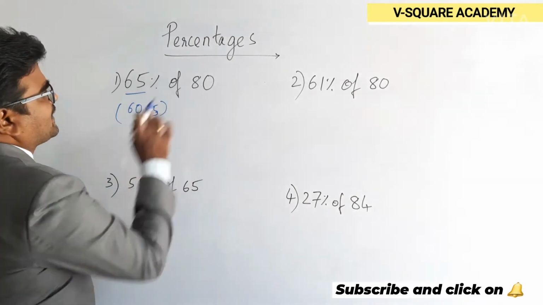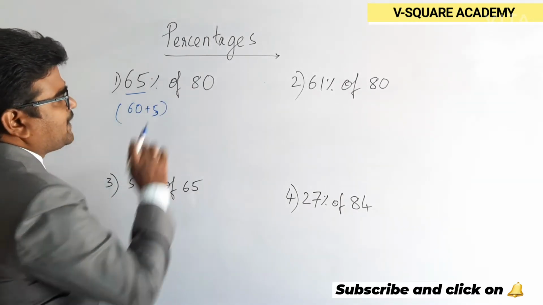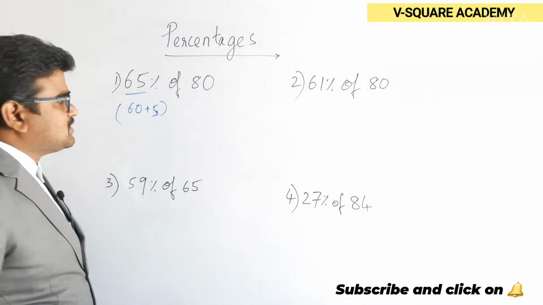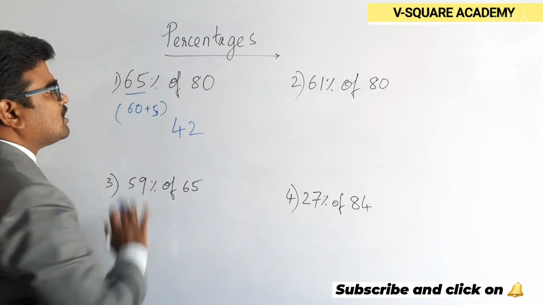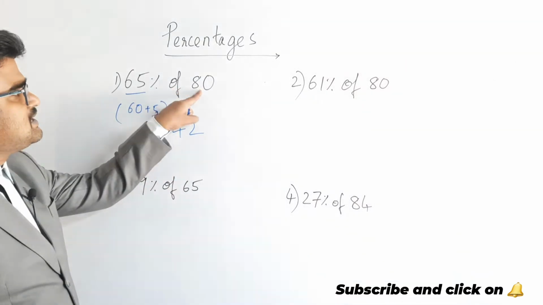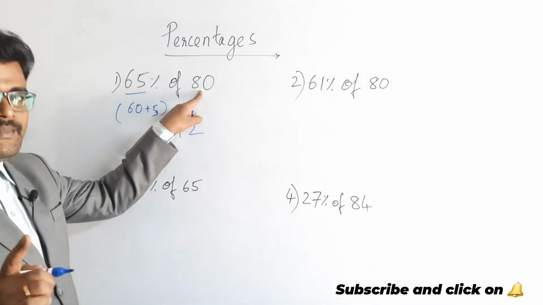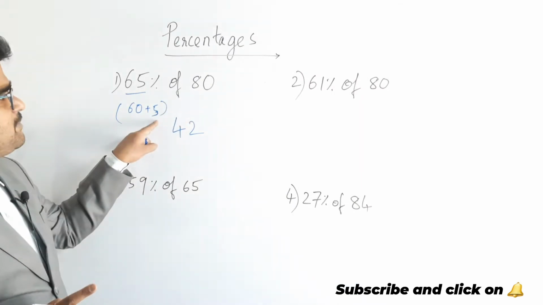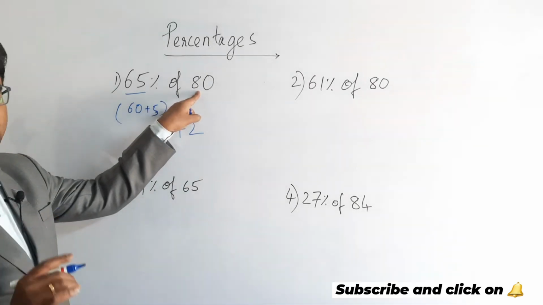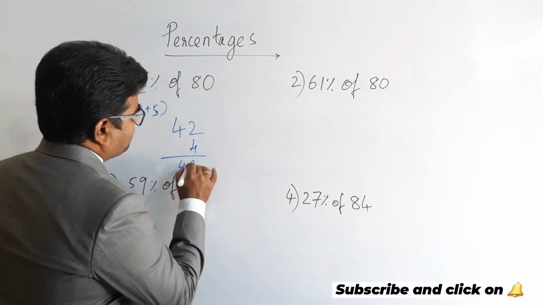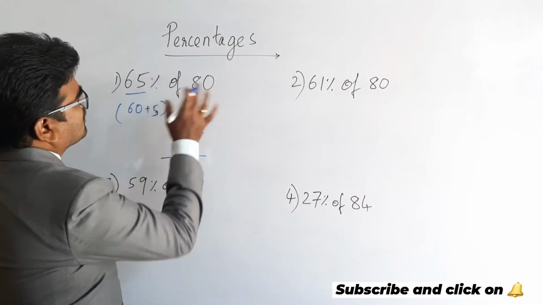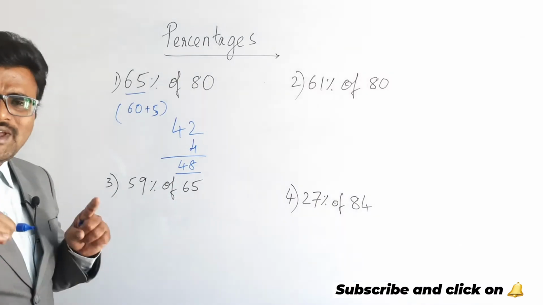The zeros get cancelled, so directly multiply 6 into 8, and 6 eights are 48. And what is 5% of 80? 10% is 8, and you need 5%, so half of 8 is 4. That means 65% of 80 is 52. It is very, very easy.